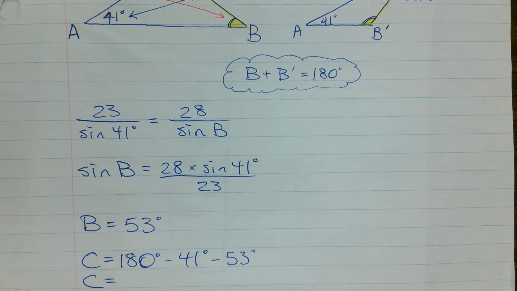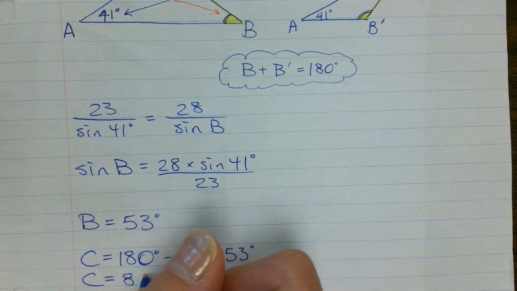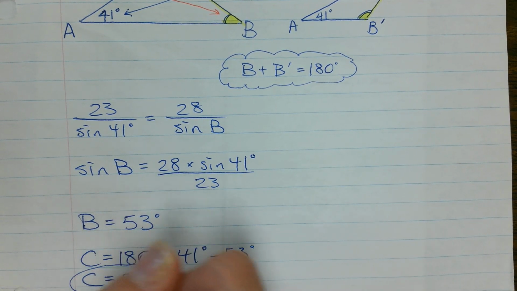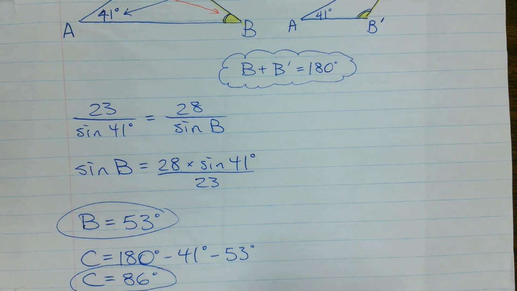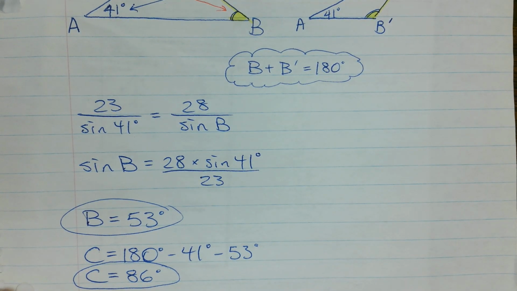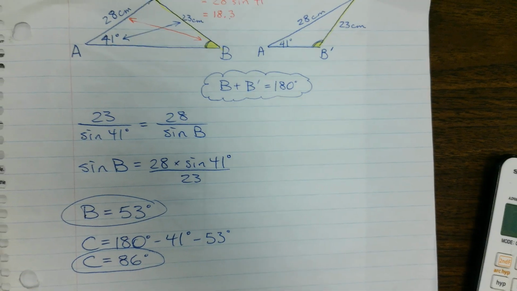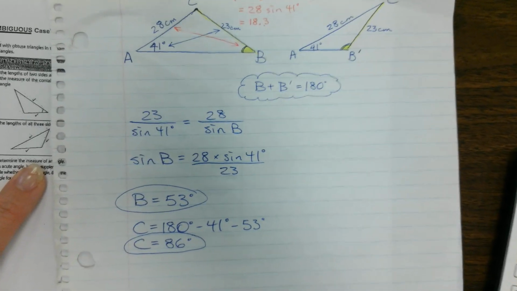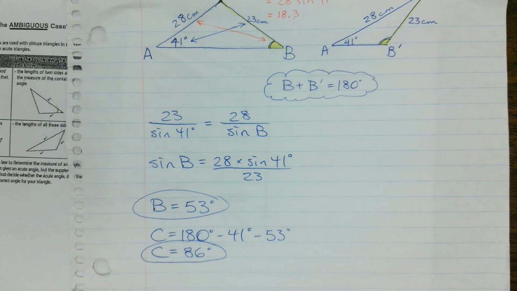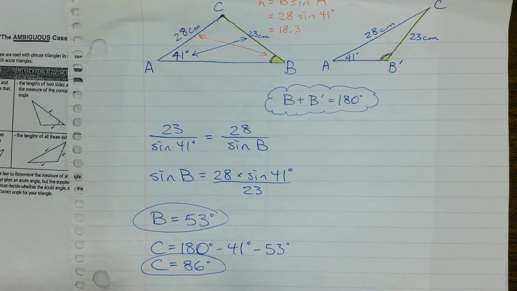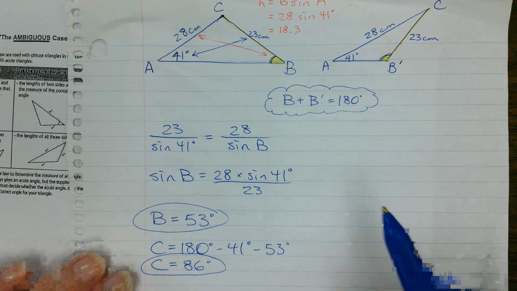So 180 minus 41 minus 53, you get 86 degrees. So B is 53, C is 86. Okay, so I just changed the question to solve for everything. I want to make sure we know how to solve for all of it.